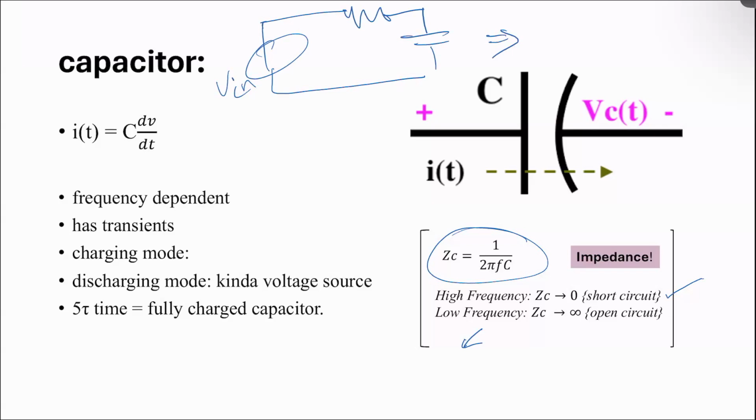At very high frequencies, this would be your equivalent circuit. There is no potential difference at this end and this end, and hence there is no current flow.